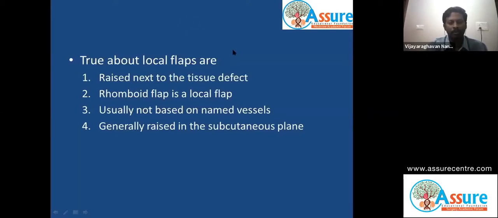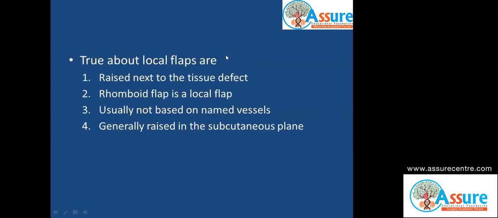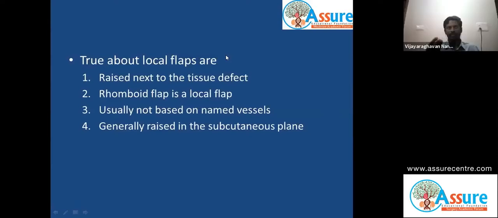If you classify a flap based on its location in comparison to the defect, if it is immediately next to the defect, it is called a local flap. If it is away from the defect but in the same region, it is called a regional flap. If it is at a totally distant site, it is called a distant flap. If you classify the flap based on composition, if it contains only subcutaneous tissue and skin, it is fasciocutaneous.